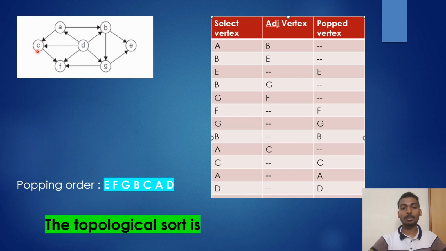C will be popped out. And next we have to go back to A, and here we don't have any more edges from A. Then we have to pop out A from the stack, and at last D has no connections from this, and we have to pop it out.